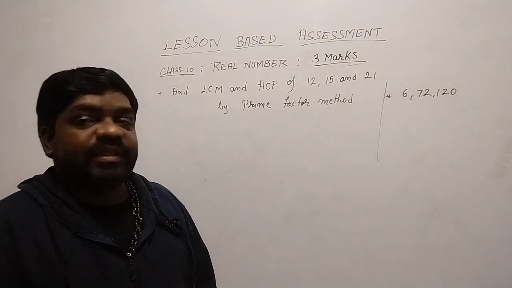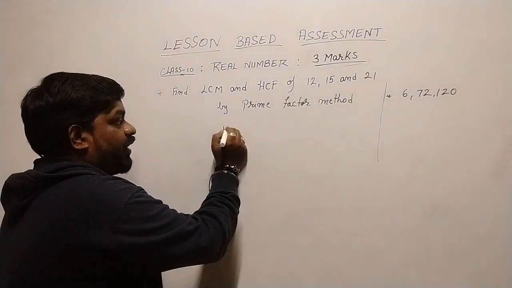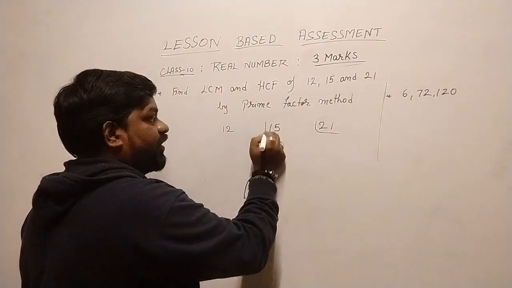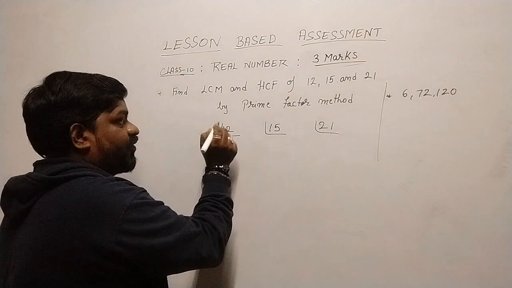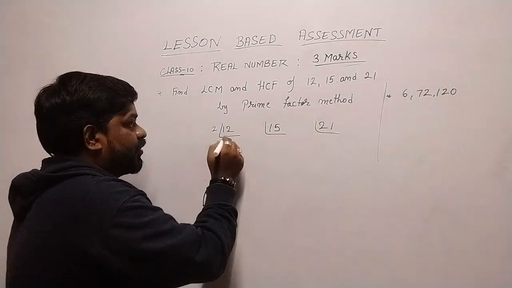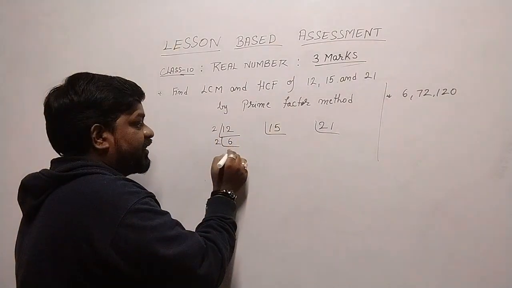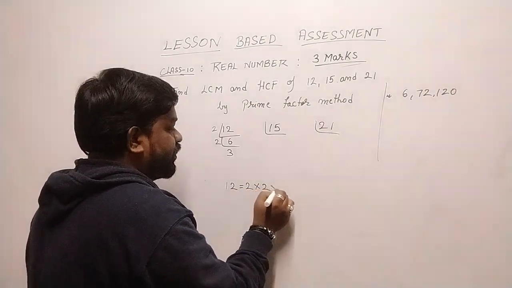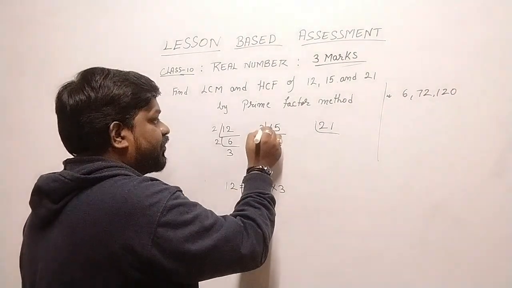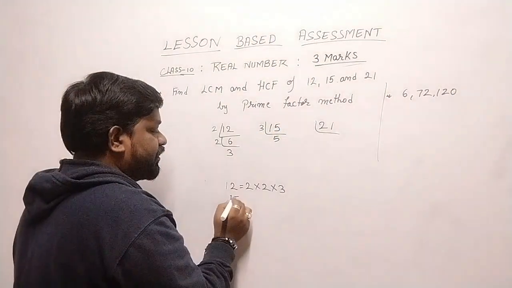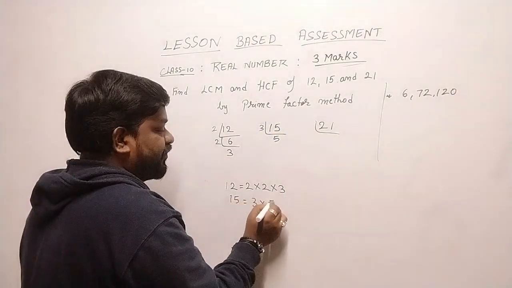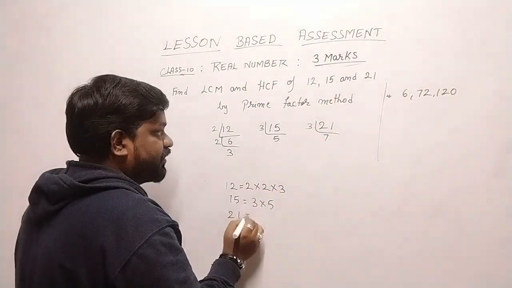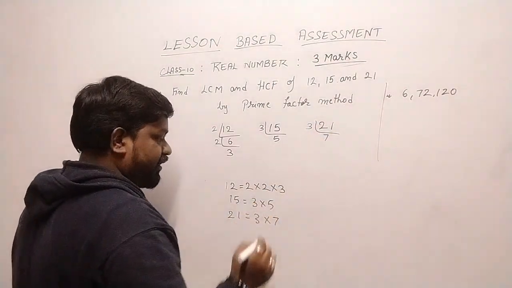Find LCM and HCF of 12, 15 and 21 using prime factor method. 12 can be written as 2 into 2 into 3, 15 can be written as 3 into 5, and 21 can be written as 3 into 7.